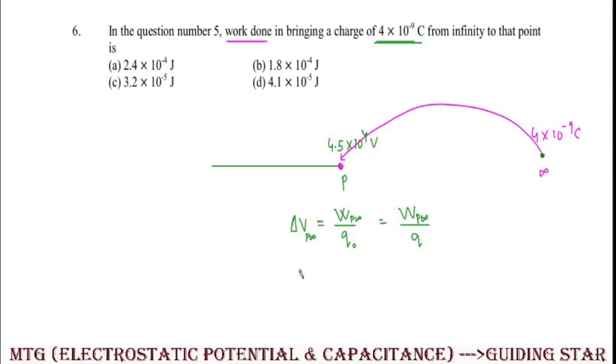So that means work done between P and infinity should be equal to the given charge into the potential difference between P and infinity. Clear?